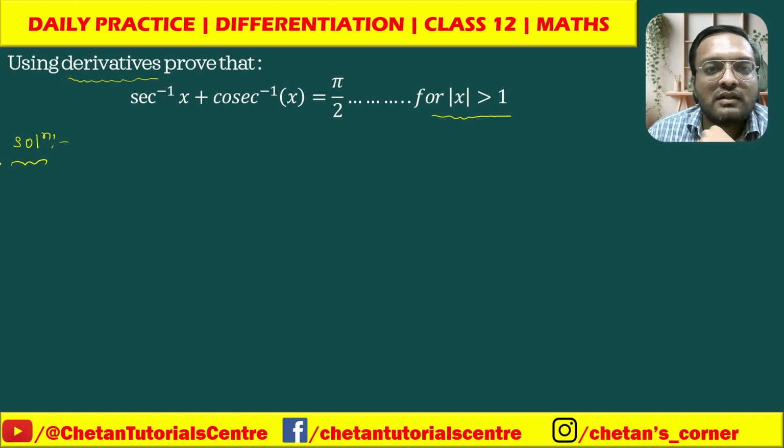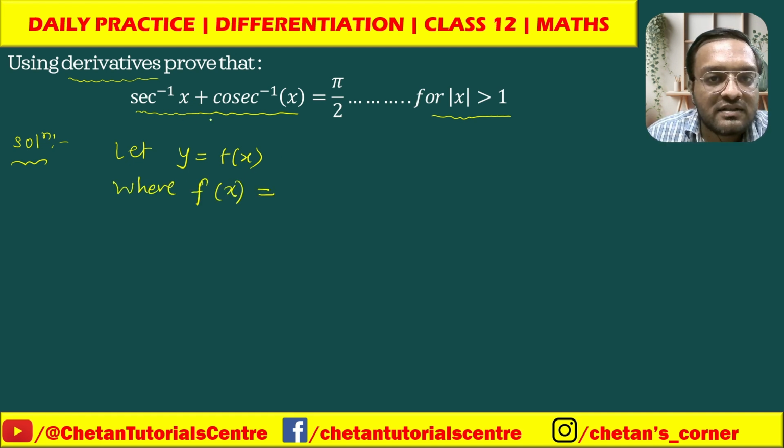First of all, let us assume the given function sec inverse of x plus cosec inverse of x is equal to f of x, which is equal to y. So let y is equal to f of x, where f of x is equal to this given function sec inverse of x plus cosec inverse of x.